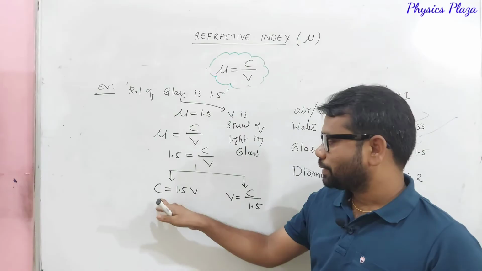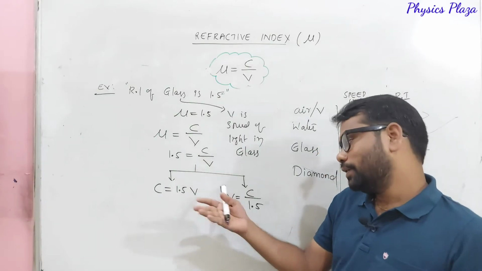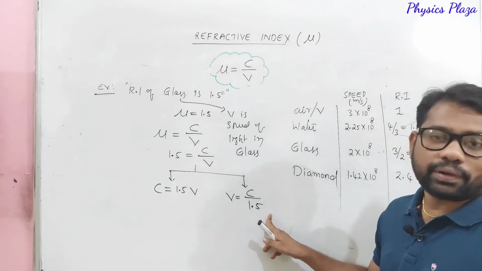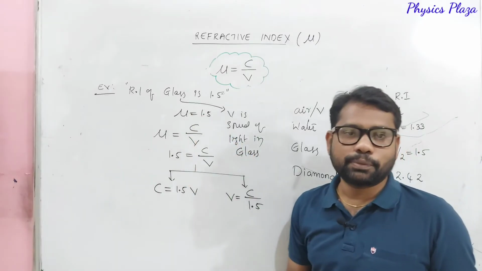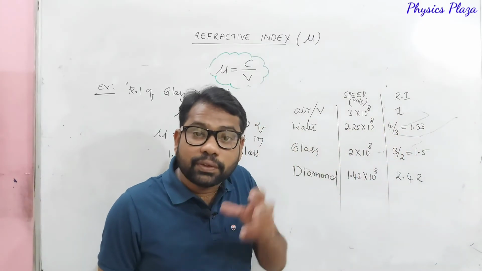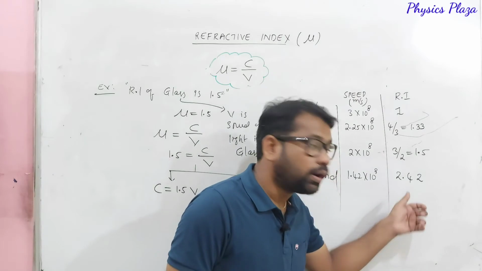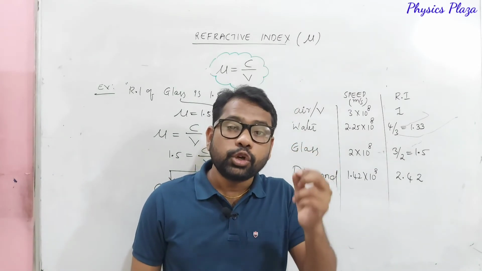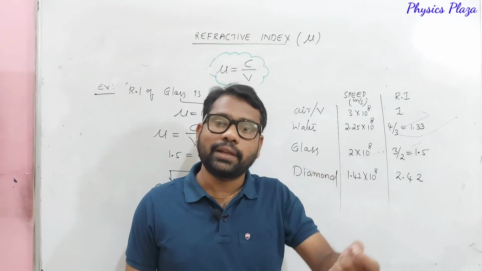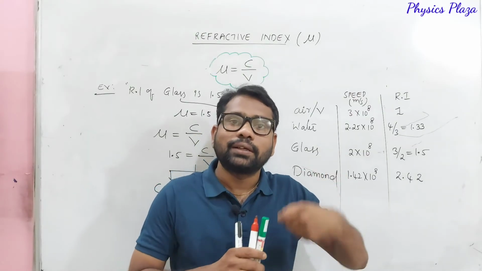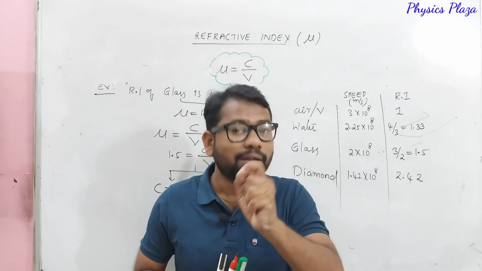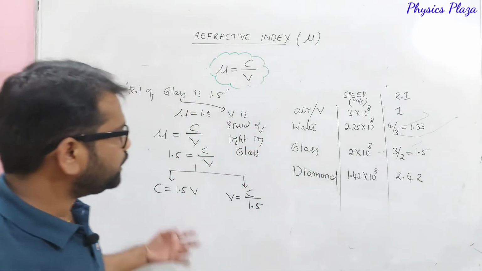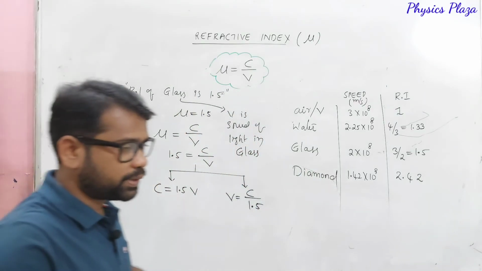So C is equal to 1.5 times V, which is V is equal to C by 1.5. These kinds of questions we can expect. If the refractive index of diamond is given as 2.42, what does it mean? It means the speed of the light in air is 2.42 times greater than the speed of the light in diamond. This is what it actually means.